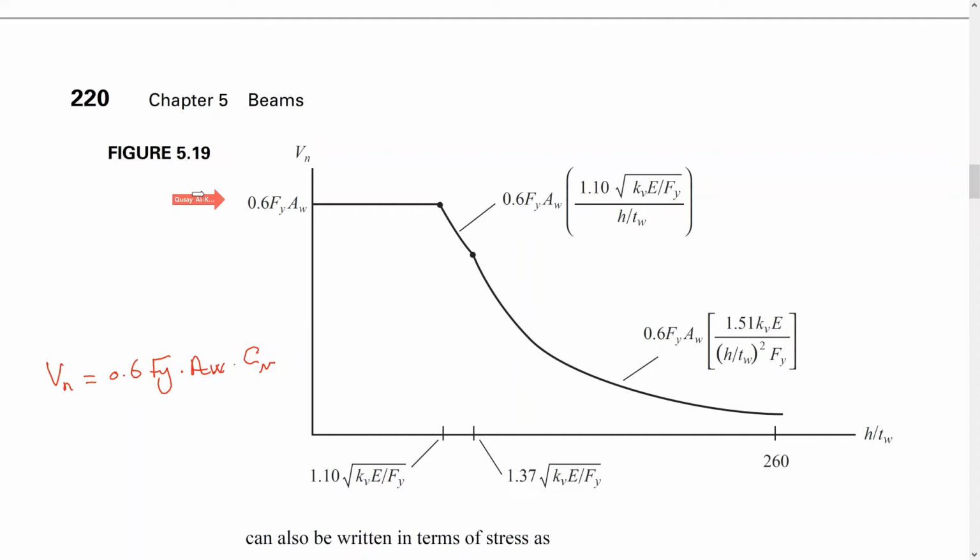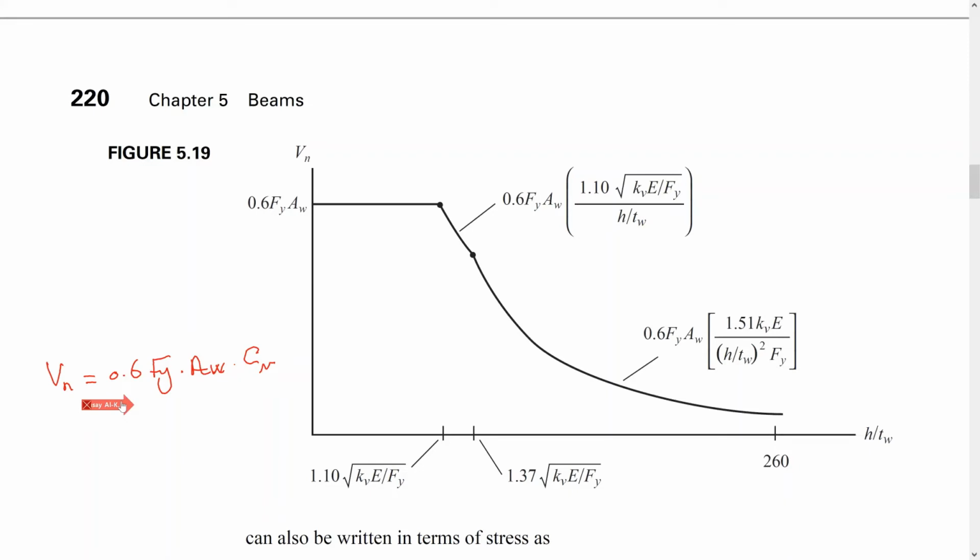As I told you, if the ratio is less than or equal to 1.1 times the square root of this, we will have C sub V equal to 1. So here it's 0.6 Fy times the web area, multiplied by 1, so that's completely fine.